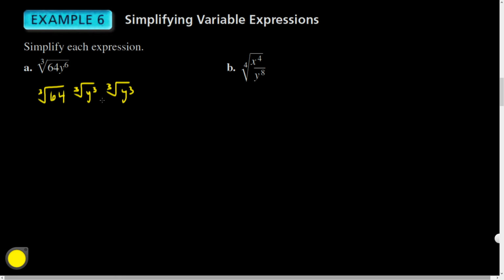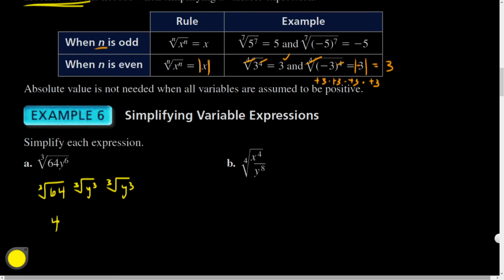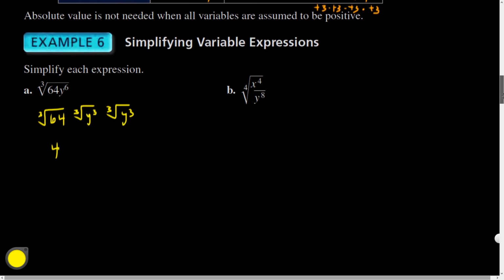So notice this, I would have cubed root of 64 is 4. The cubed root of y cubed, those are both odd. Yeah, I'm only breaking this up in order to apply that rule that we were just looking at. And the way they defined the rule, both of these were the same. And so that's why I was trying to be careful to honor that particular presentation.